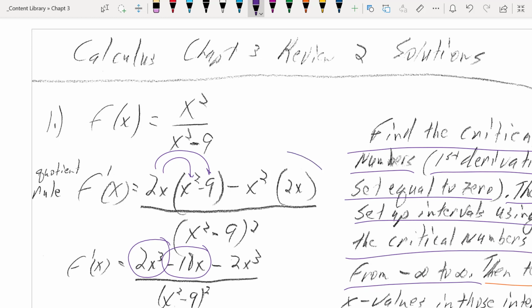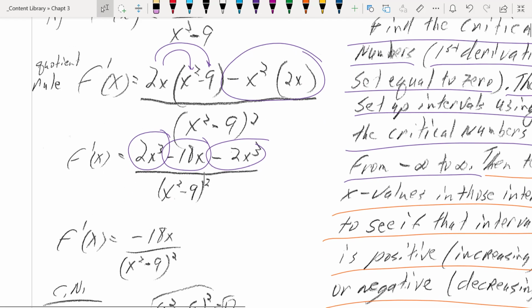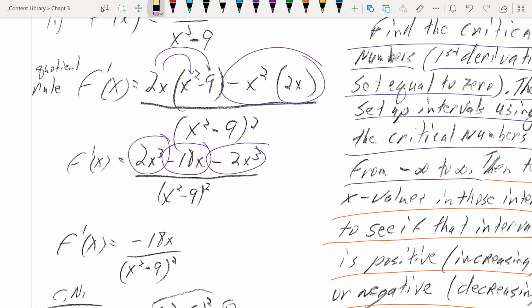Then I multiply these two together: negative x squared times 2x is negative 2x cubed, and that's still all over x squared minus 9 squared. Now I combine my like terms. In my numerator I've got 2x cubed minus 2x cubed, and that's going to be 0. I'm just left with negative 18x all over x squared minus 9 squared. So there's my first derivative.